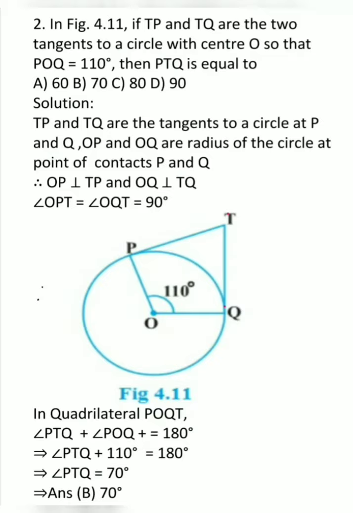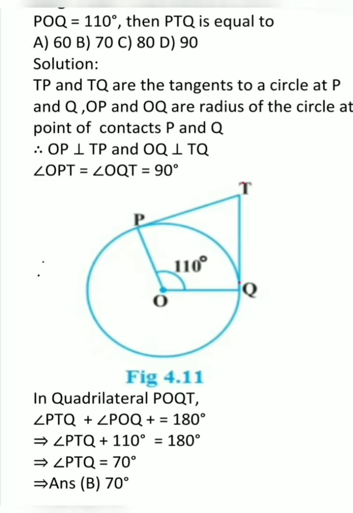PTQ plus 110 is equal to 180 degree. Now angle PTQ is equal to 180 minus 110. We are getting 70 degree as the answer. So here you have to write along with the option, which is very necessary. The option here is B, 70 degree.